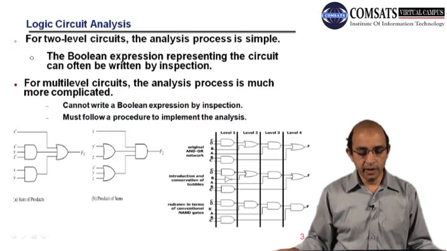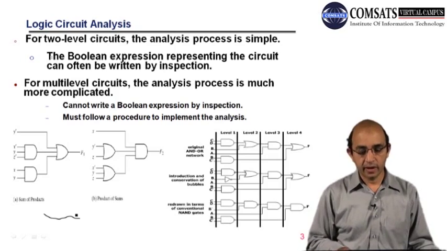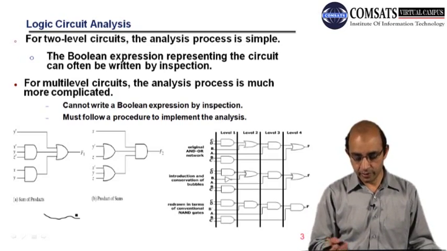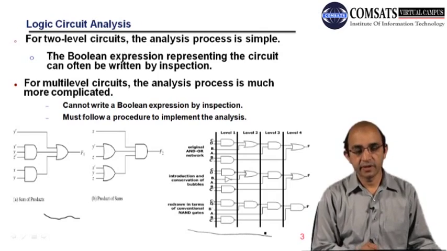So here you can see that we have 2 different sorts of circuits. This is a 2-level circuit, and on the right hand side of your picture you have the multi-level circuitry.